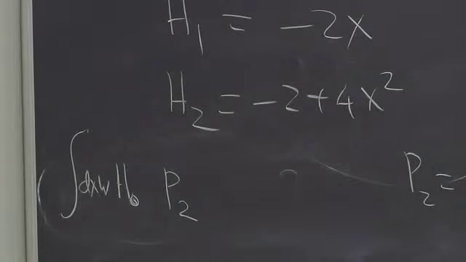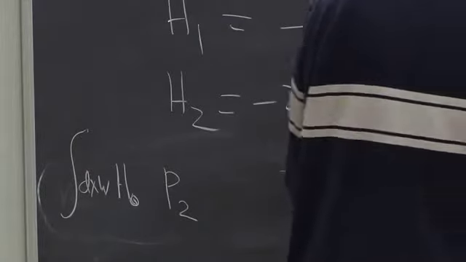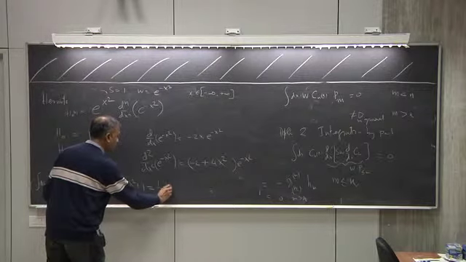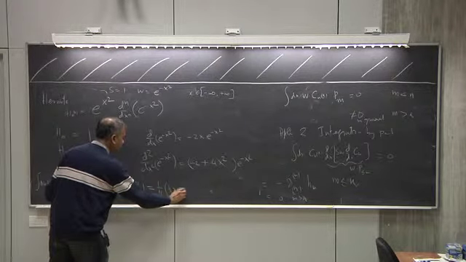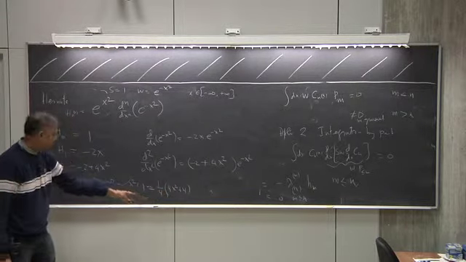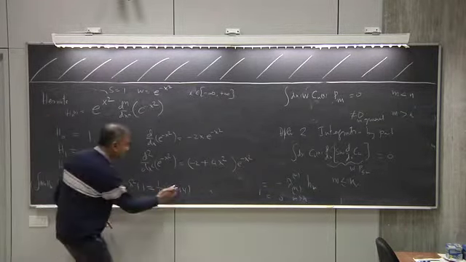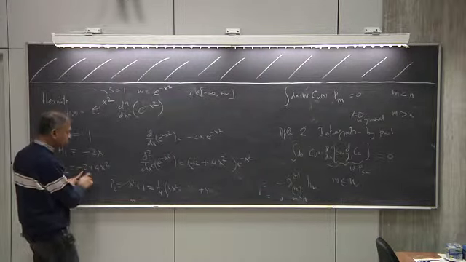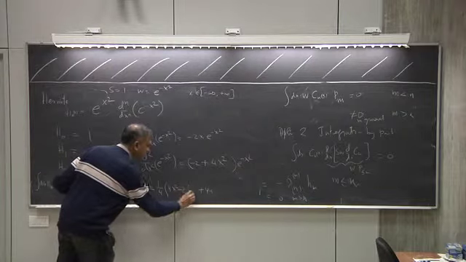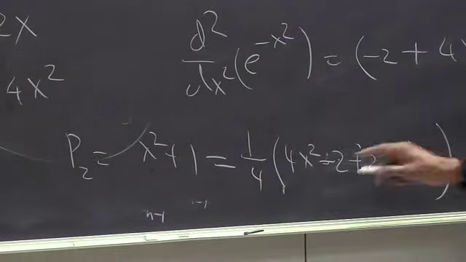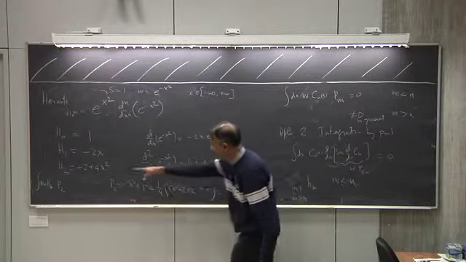Well, then x square plus 1, I can write this as 1/4 times 4x square plus 4. I did not do anything, I just multiplied and divided by 4. But then let me add and subtract 2, so I put here minus 2 plus 2. If you look at the first term, 4x square minus 2, that is h2.